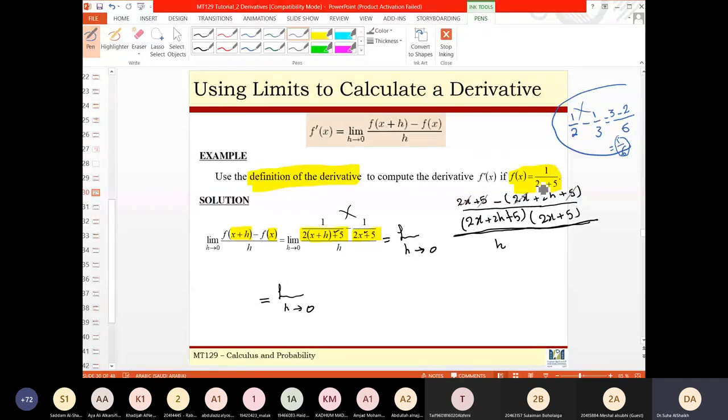And I remain with minus 2h, all divided by 2x plus 2h plus 5, multiplied with 2x plus 5. And down there I have h. Now great. On top I have h and down I have h. They will cancel.